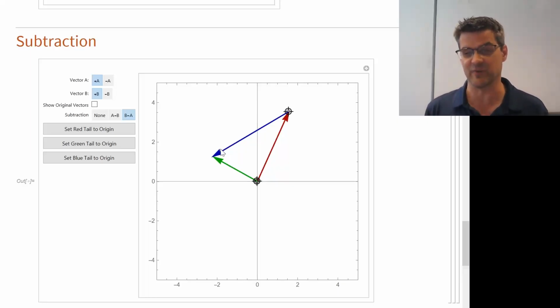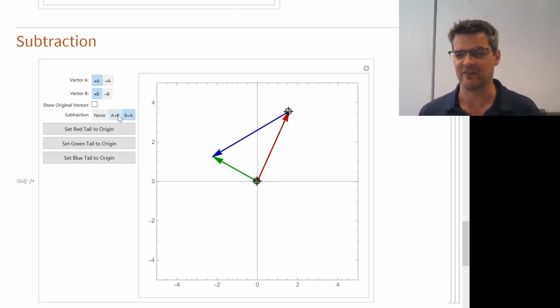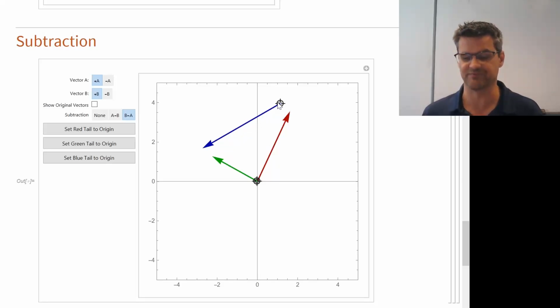And it's different than what it was before. A minus B and B minus A have the same magnitude, opposite direction. That's how that works.